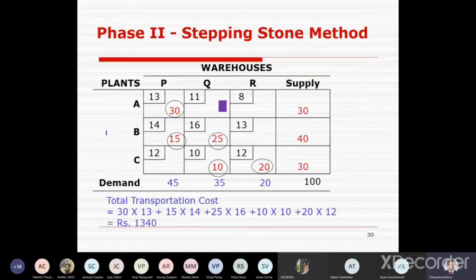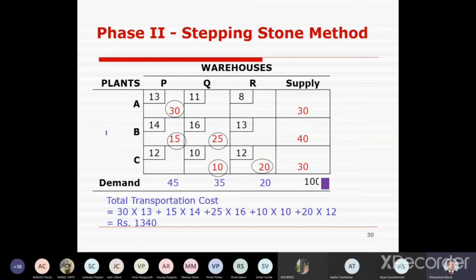So this is the solution we got by the northwest corner method. Here 30 units allocated at AP, 15 units allocated at BP, 25 units at BQ, 10 units at CQ, and at CR 20 units.